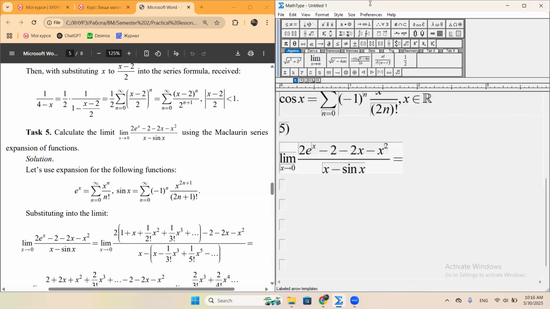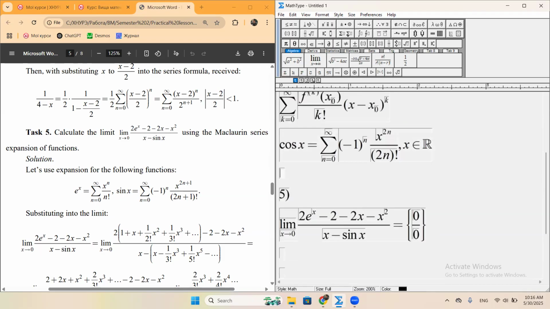And we have the undetermined form 0 over 0. Actually, we can easily eliminate it using L'Hospital's rule, but the requirement is to use Maclaurin series. So how will we do it?